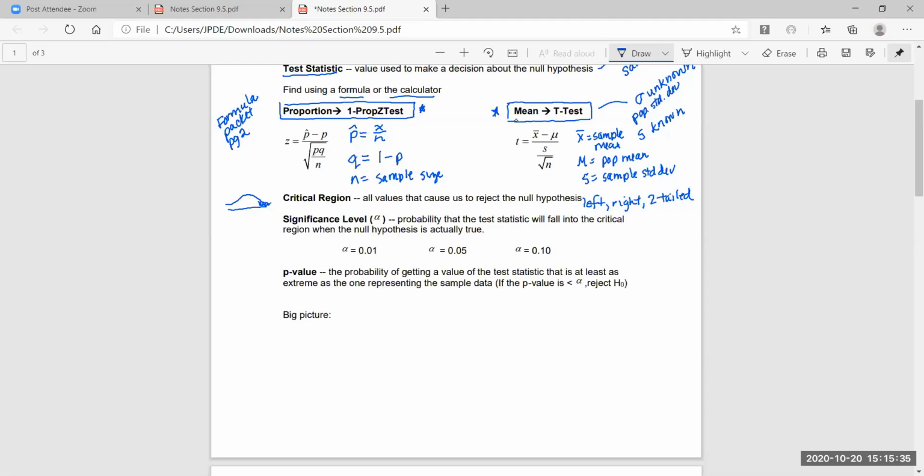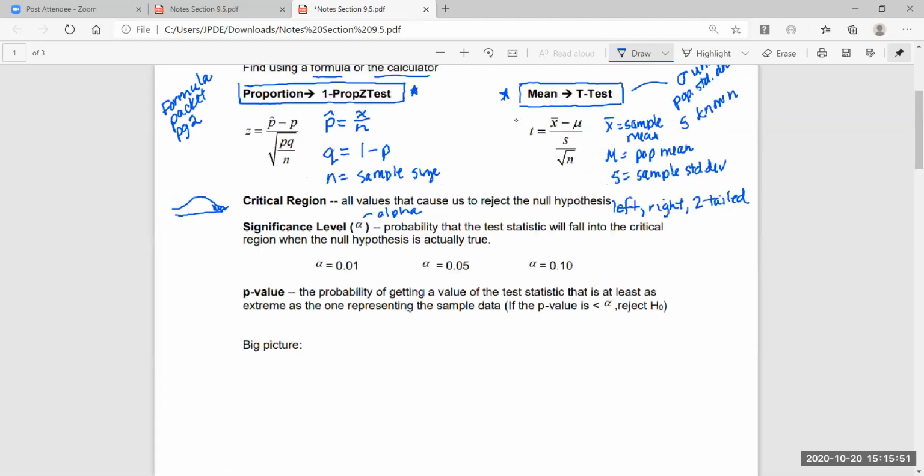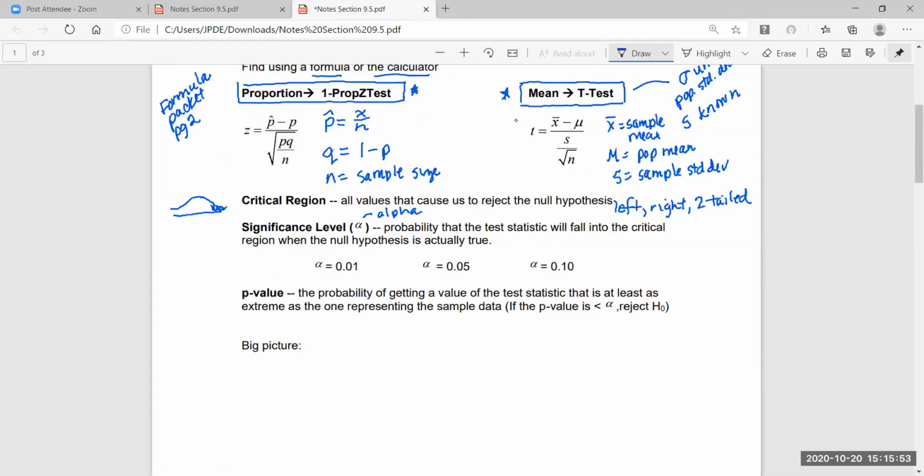Okay, now we get to something new, the significance level. And you'll see I have alpha in here. And we've talked about alpha before. The significance level is the probability that the test statistic will fall into the critical region when the null hypothesis is actually true.